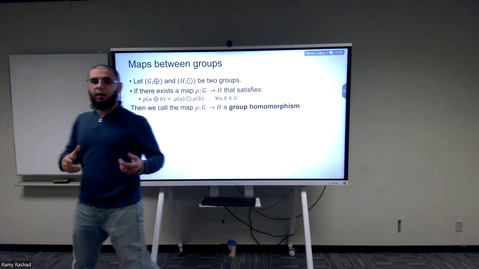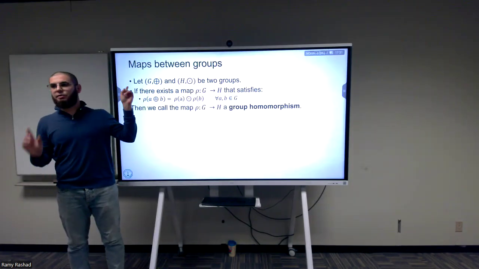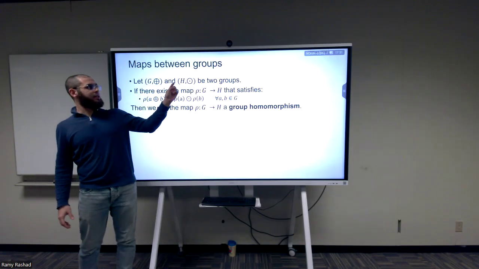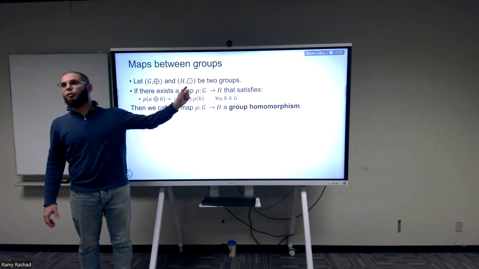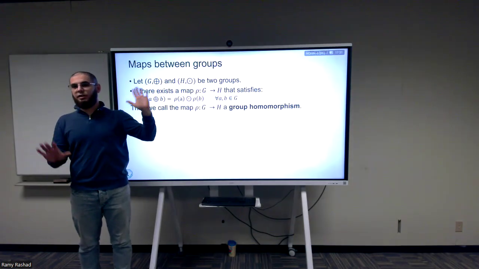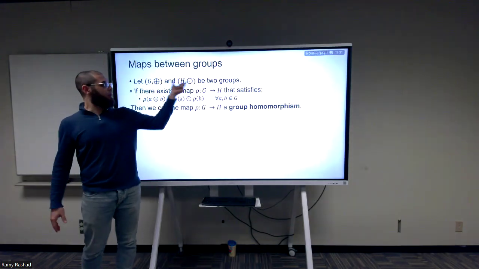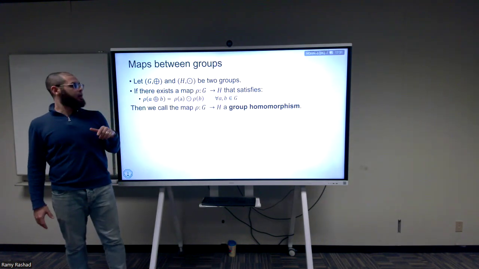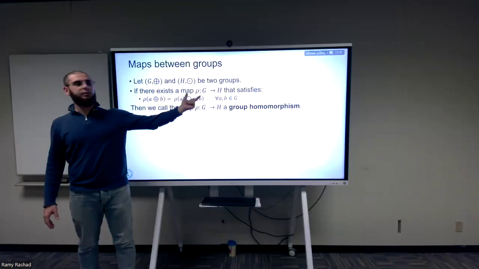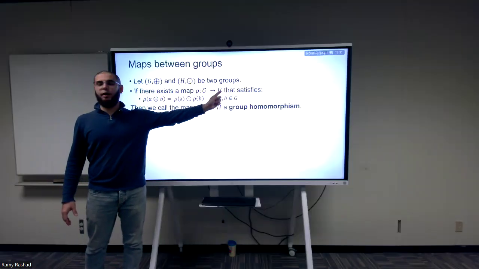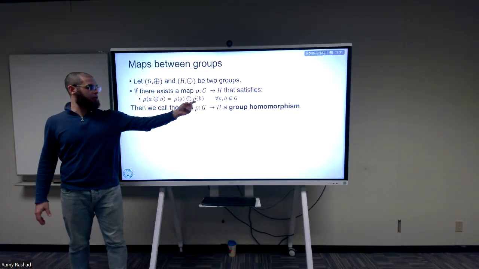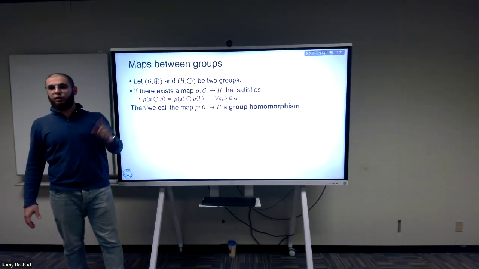So consider now two groups. The first one abstractly is G and its corresponding operation, and the other one is H and its corresponding operation. I'm not telling you what these operations are. I'm not telling you what these sets are. These are very abstract. Each one of them is a group, and there exists a map rho that takes G to H, and also satisfies this condition, and you read this like this.